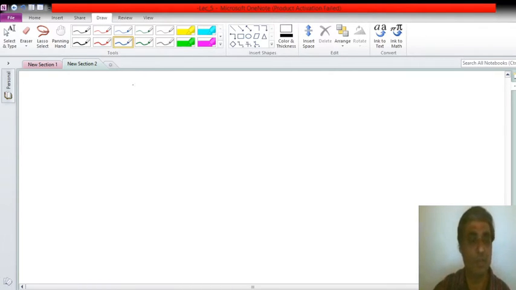So first, we'll see what are the steps involved during the writing of nodal equations. First, you identify the reference node.